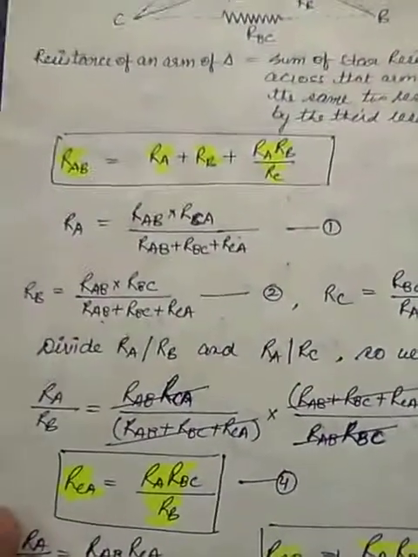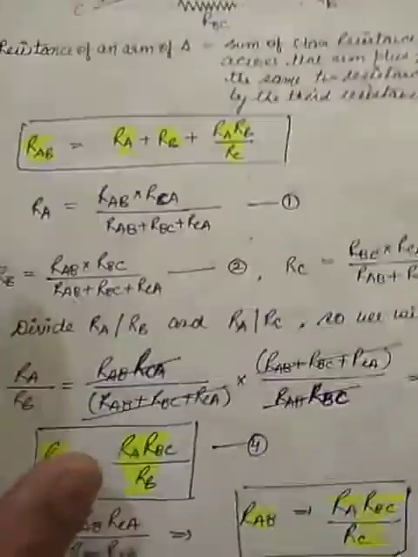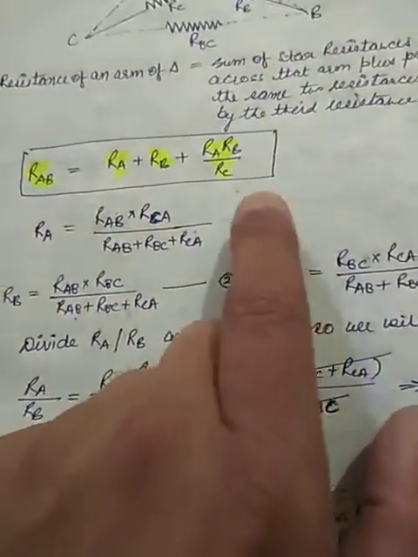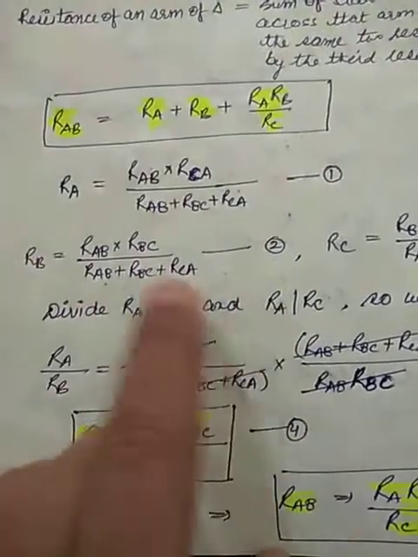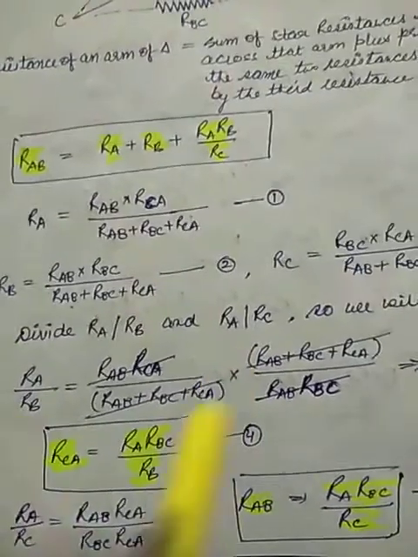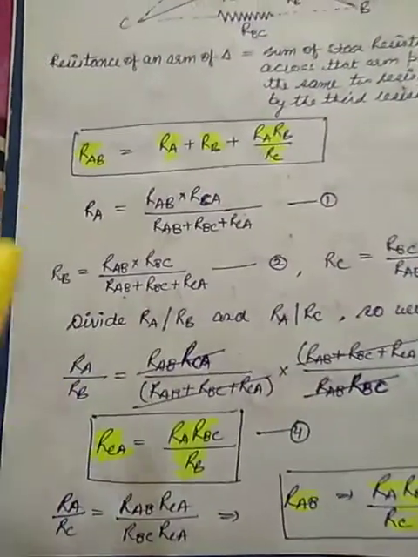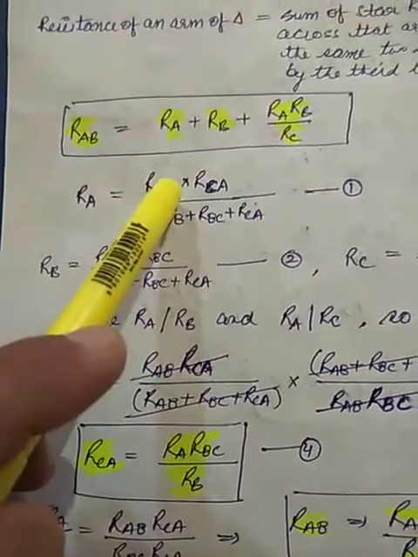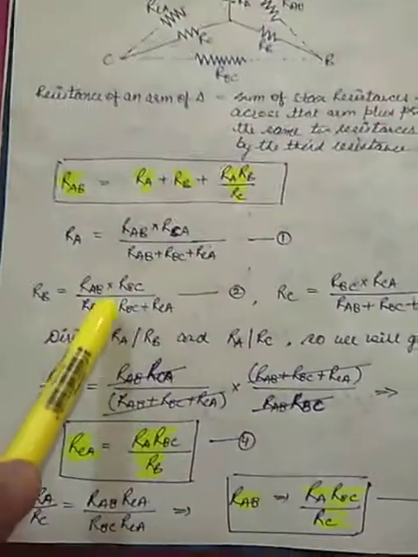For finding RAB, RBC and RCA, we will divide equation number 1 by 2 and equation number 1 by 3. So we will divide RA by RB and RA by RC. When we divide RA by RB, we get a numerator part and a denominator part, and the same for the other.